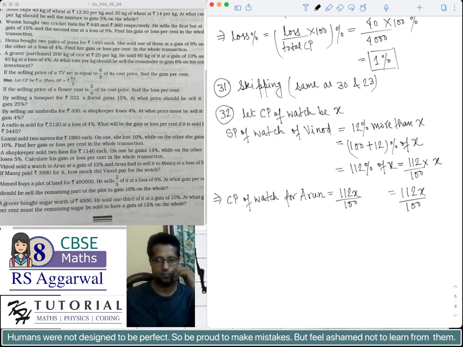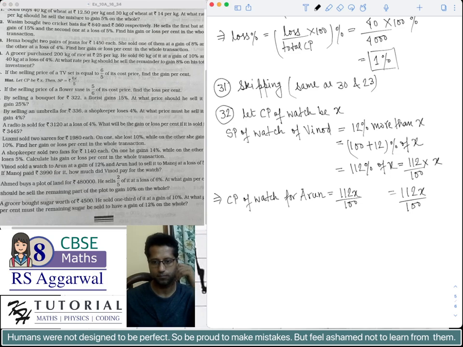Now Arun sold the watch to Manoj at a loss of 5%.